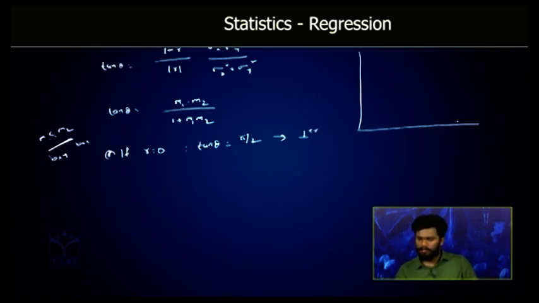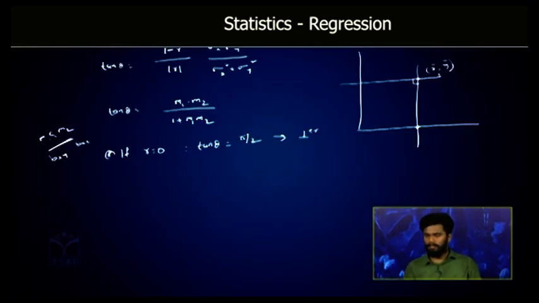When you consider this, both lines are perpendicular to each other and they will meet at x bar comma y bar. Whether it is y on x or x on y, whatever line we are considering, they will be perpendicular and they will meet at the point x bar comma y bar.